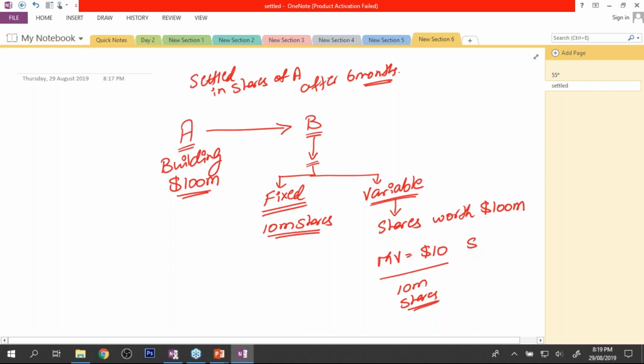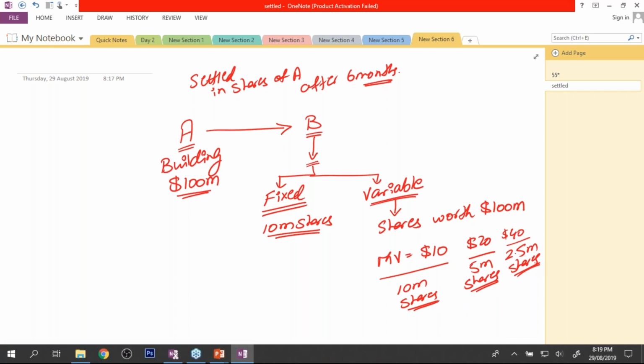If the share price is $20 per share, 5 million shares. And if the share price is $40 per share, 2.5 million shares. So exactly how many shares is B going to give? We do not know right now. These shares are variable in nature. The price after 6 months will decide the number of shares which B will give to A.